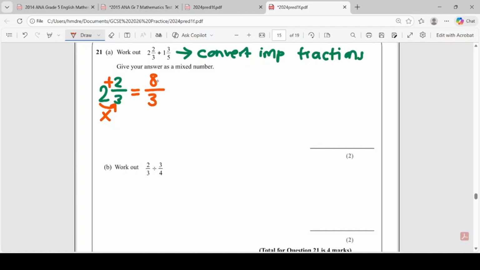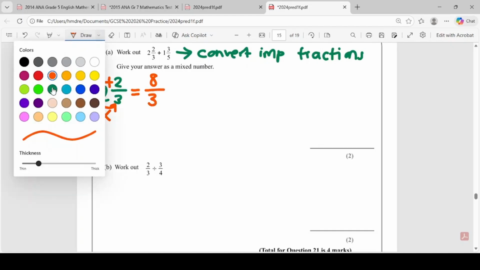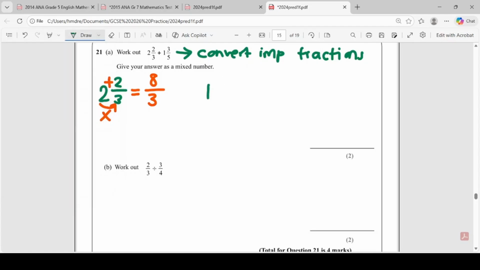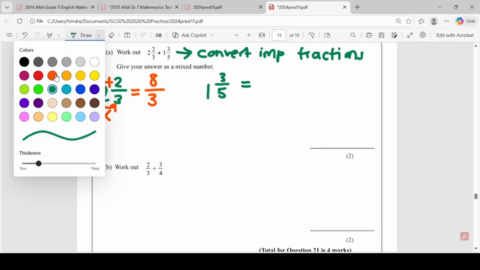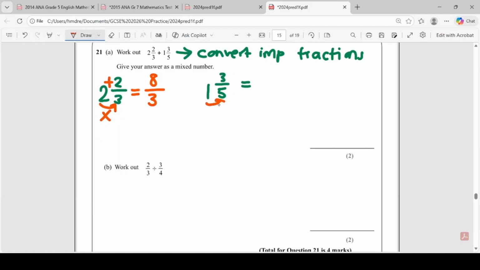So that's 8/3. We do the same for the next one, 1 3/5. So again, we go big number times the bottom number, add the top number. So 1 times 5 is 5, add 3 is 8, and the bottom stays the same. So that's our first step.